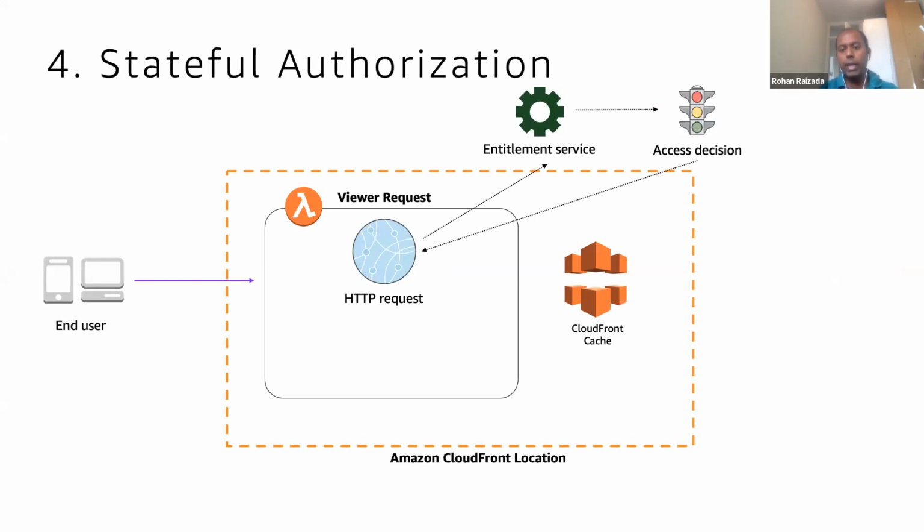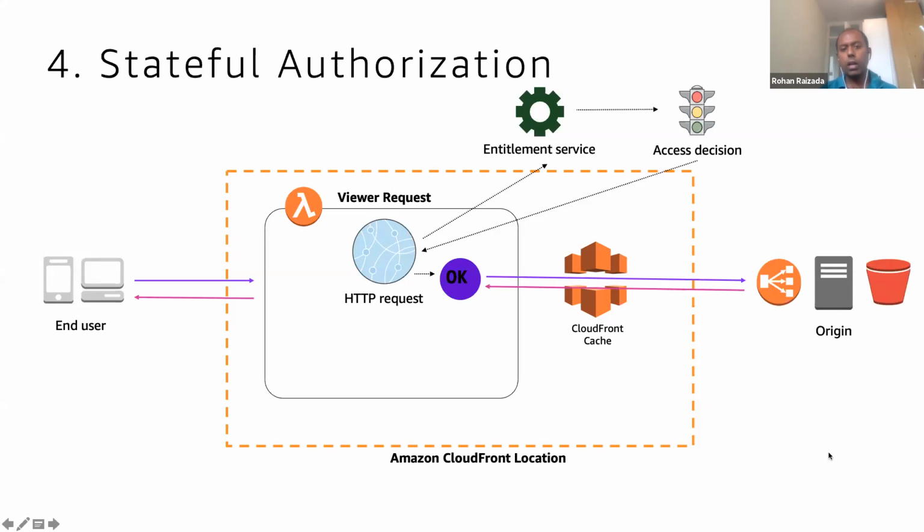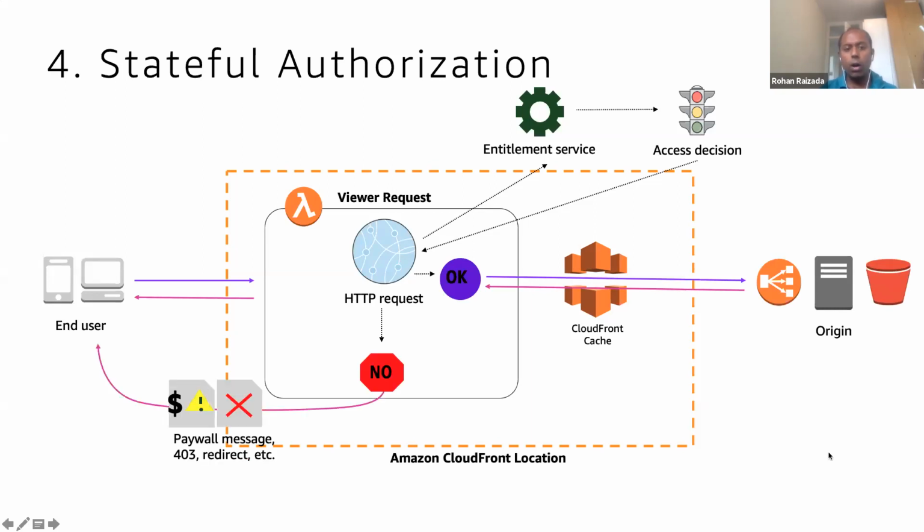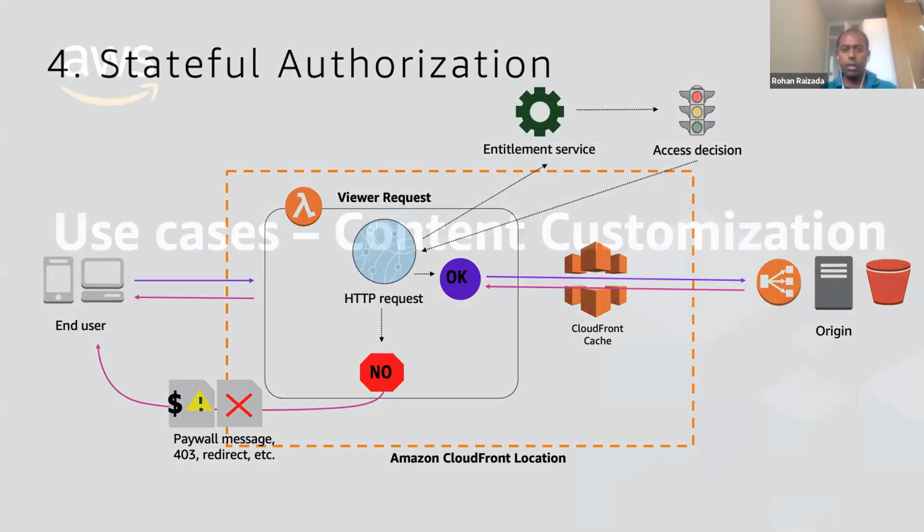It doesn't have to be in AWS, it could be anywhere. That external service can then make the decision whether it's allowed and legitimate, or if it should not be allowed. Based on that response, if it's allowed, you send the request to the origin. If not, you send an error or an access denied message back to the end users. So that's another use case of Lambda Edge.